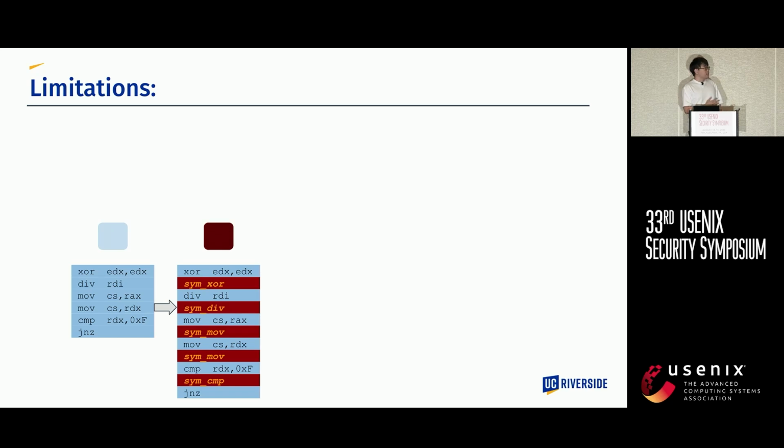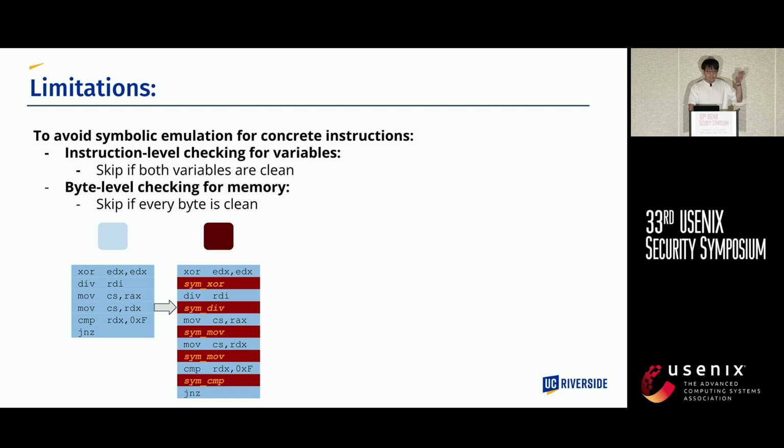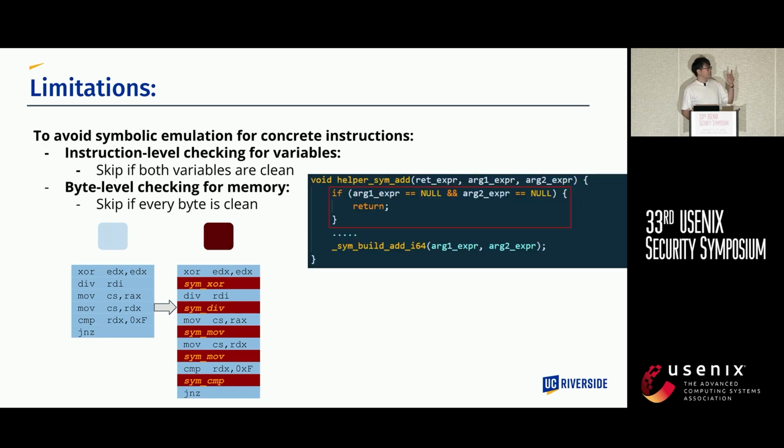This is typically how the instrumentation-based approach works. For every instruction, it instruments a helper function that essentially handles the symbolic effects of this instruction. However, not every instruction is symbolic. So inside those helper functions, you will see conditional checks like this to check whether both operands of the instruction are concrete.